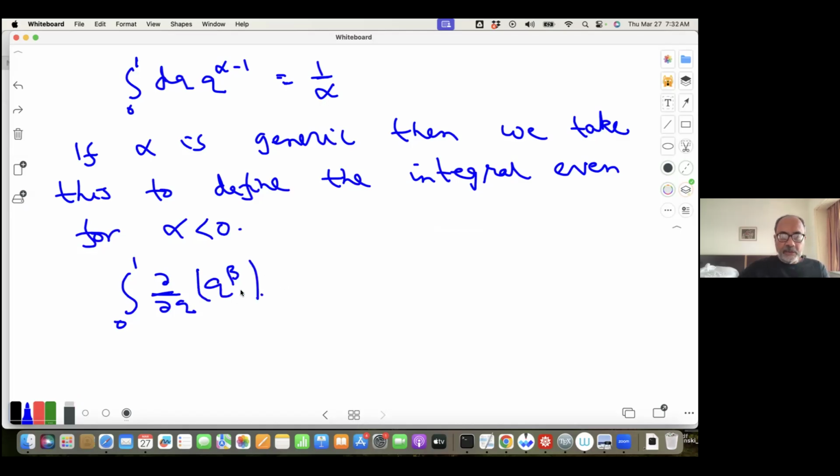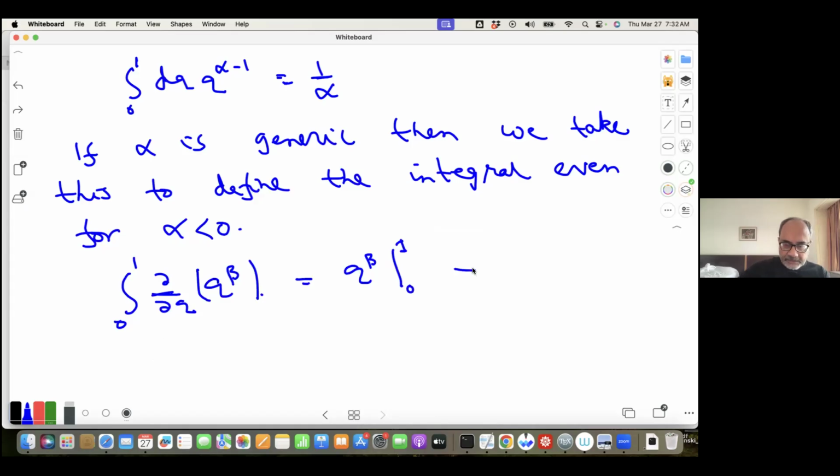Let's do this calculation in two different ways. One is that I can do this integration by parts and write this as q to the beta at 0 and 1. The other is that we just differentiate and then use this rule.